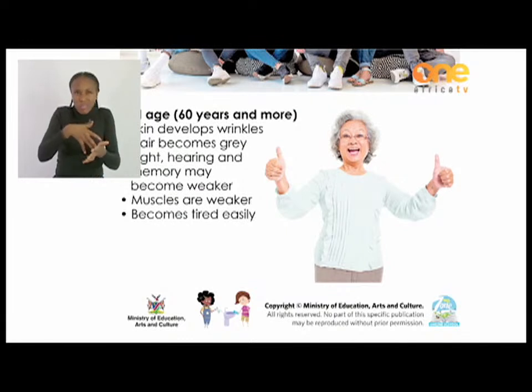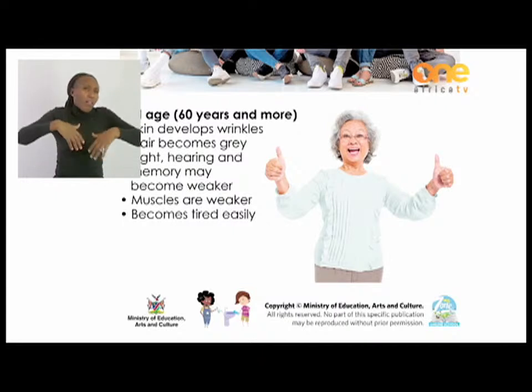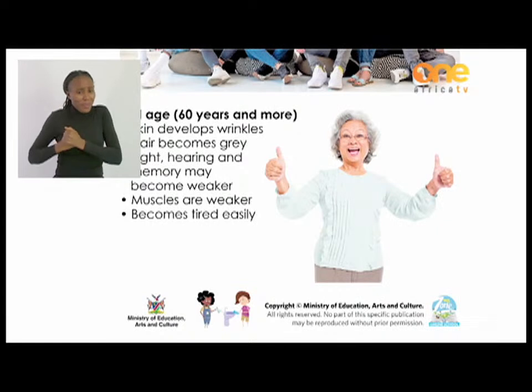Even if you feel them, you can feel that their muscles are a bit weaker compared to teenagers, adults, and the rest of the people. And they become tired so easily. When you walk a distance with your grandmother or grandfather, sometimes they pause the walk and tell you, let's rest a little bit because I'm tired. Those are the characteristics of old age, which is 60 and above.